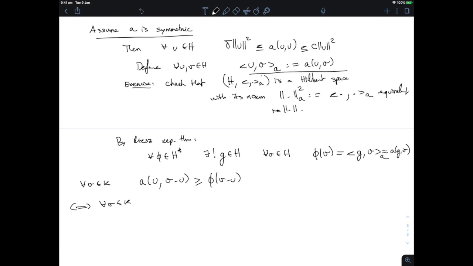This tells me that the A inner product of U with V minus U has to be greater or equal to the A inner product of G with V minus U.